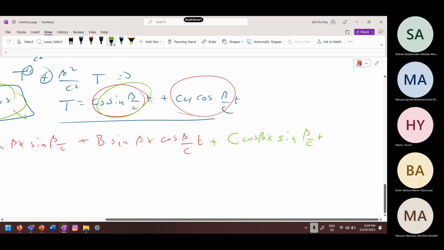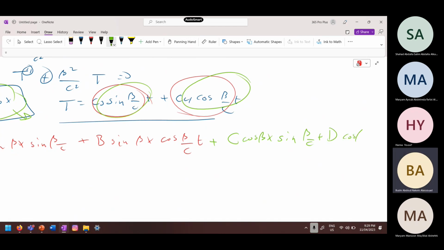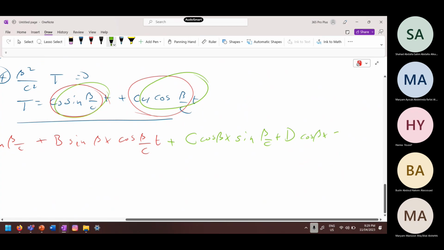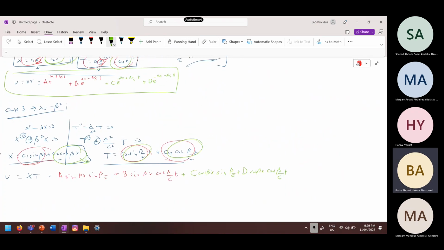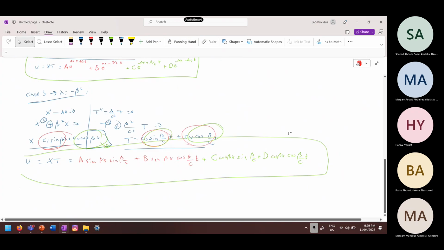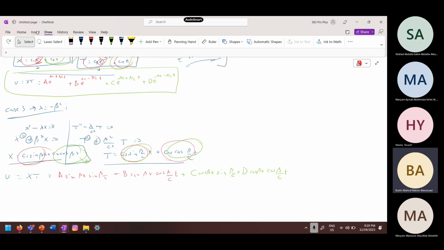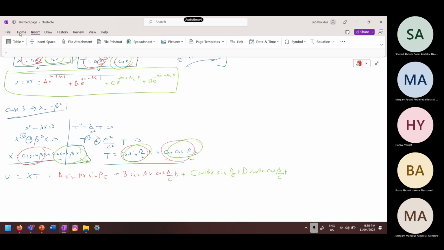Now the same with this gives you d cosine beta x multiplied with cosine beta over c t. Okay, this is the whole solution. This is solution number 3. Sorry for the bad rectangle, it doesn't matter.